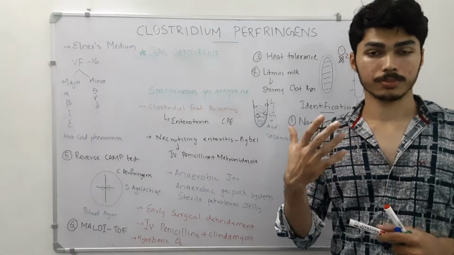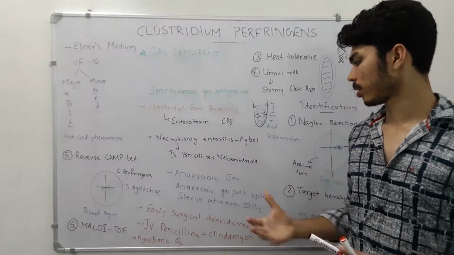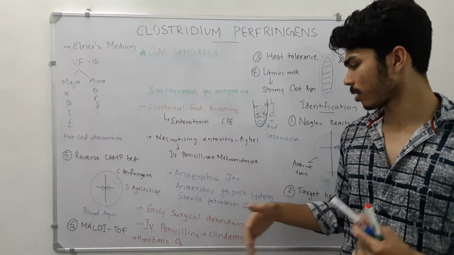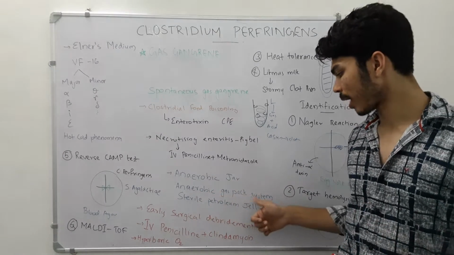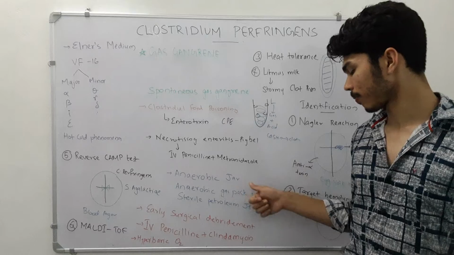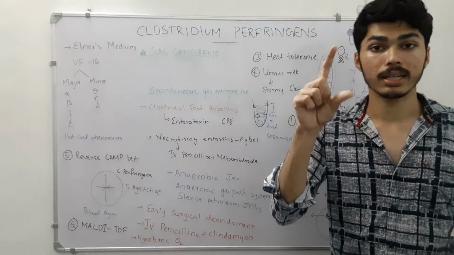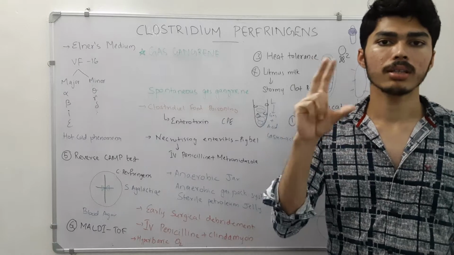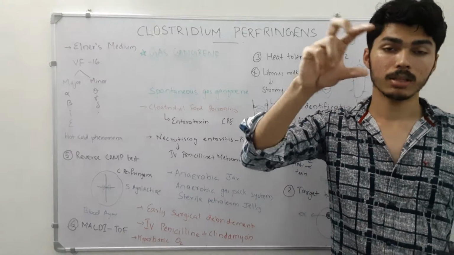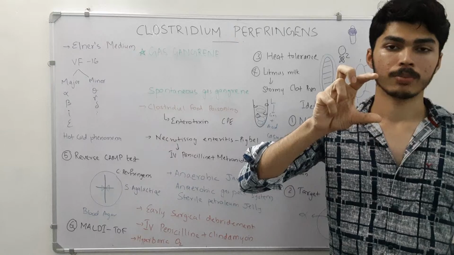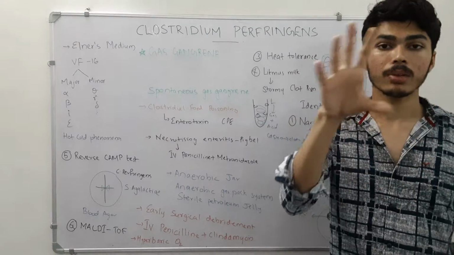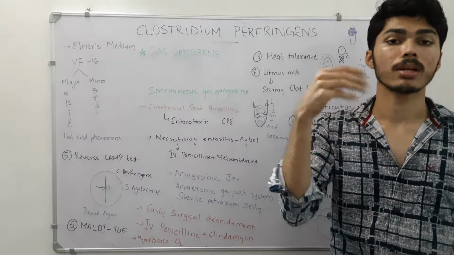And one more thing is that you can cultivate this by using an anaerobic jar, and you can also do it using an anaerobic gas pack system. Remember that in these two we use an indicator, and that indicator is methylene blue. The methylene blue will be in that container, and when there is an anaerobic environment in the container, the methylene blue becomes colorless.